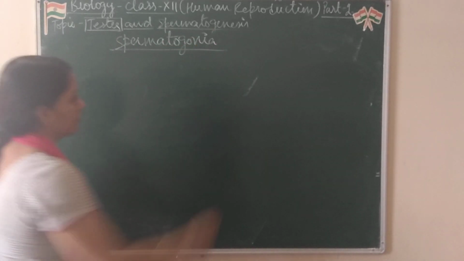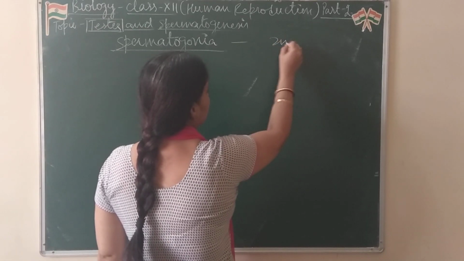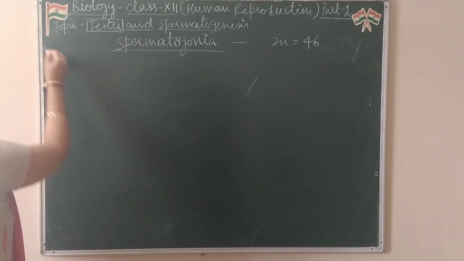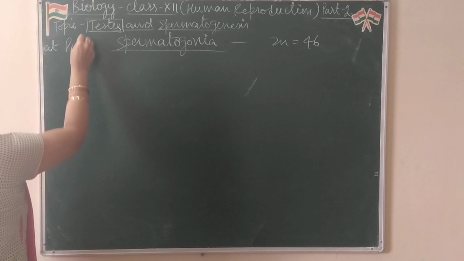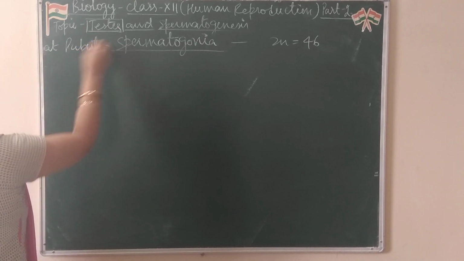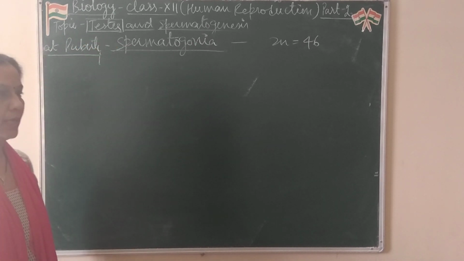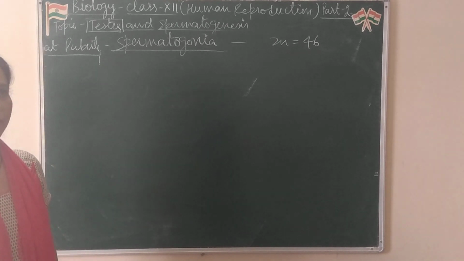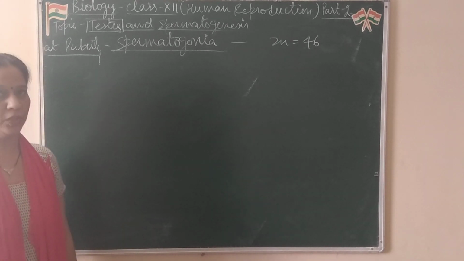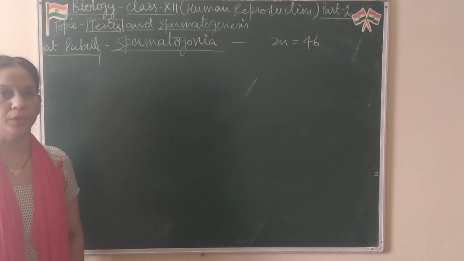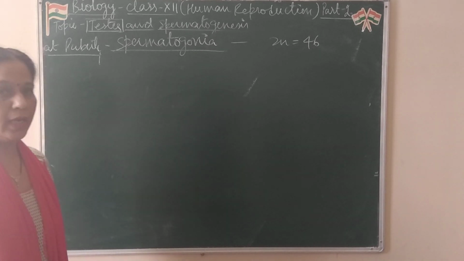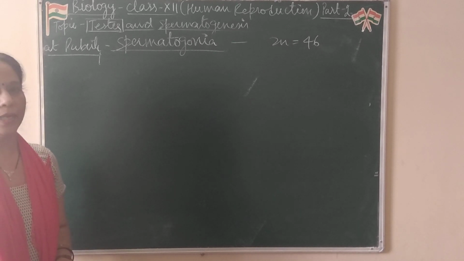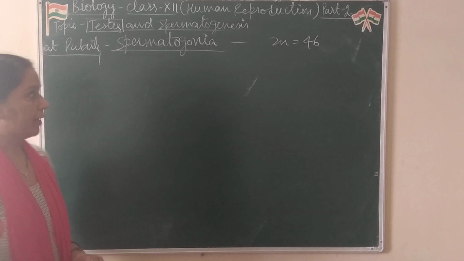Spermatogonia is a male germ cell, a gamete cell, which has 2n equal to 46 chromosomes, and at the age of puberty the process of spermatogenesis starts in the male. Puberty is the age when sperm formation takes place and sexual maturity is attained with the release of the hormone testosterone, and other secondary sexual characters also start appearing.